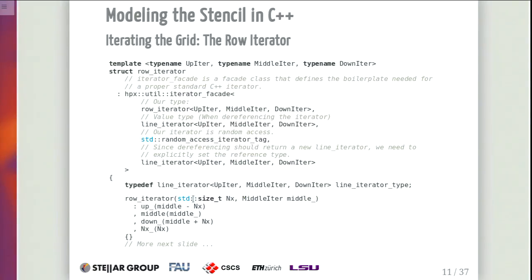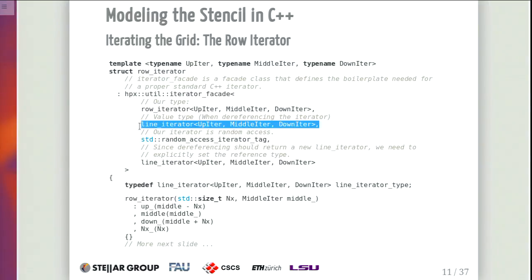And in order to construct the upper and lower neighbor of that row, we need to subtract or add nx here, so that we are one line up or one line down, right? And the value type here is the line iterator. So when we dereference the row iterator, we get the line. So we can compose a really nice hierarchical algorithm to work on our stencil, on our grid, right?